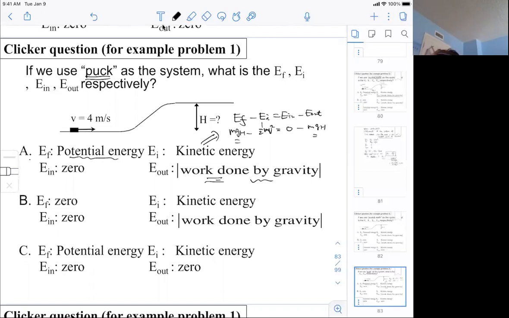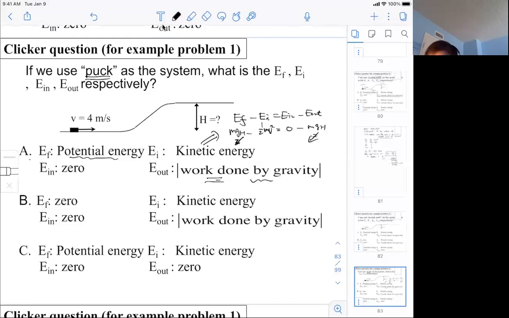What do we end up with? You either will have work done by gravity or you will have potential energy. You cannot have both of them in the equation, right? So this one indicates you have included Earth in your system. This one indicates you have excluded Earth in your system. You have to pick one and stick with it.